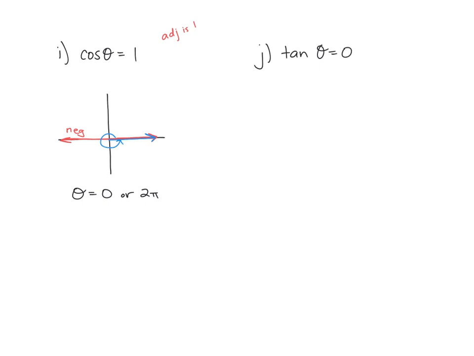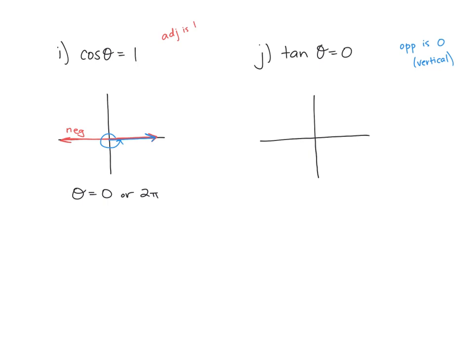It is 0. So lastly, let's look at when tan of theta is equal to 0. So for tan of theta, our opposite side is 0. Our opposite side we think of as vertical, so our vertical is 0. This means we have not moved up or down.